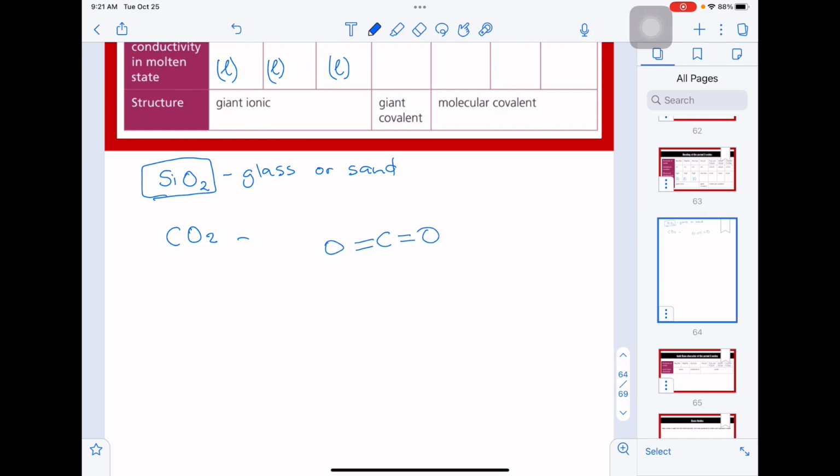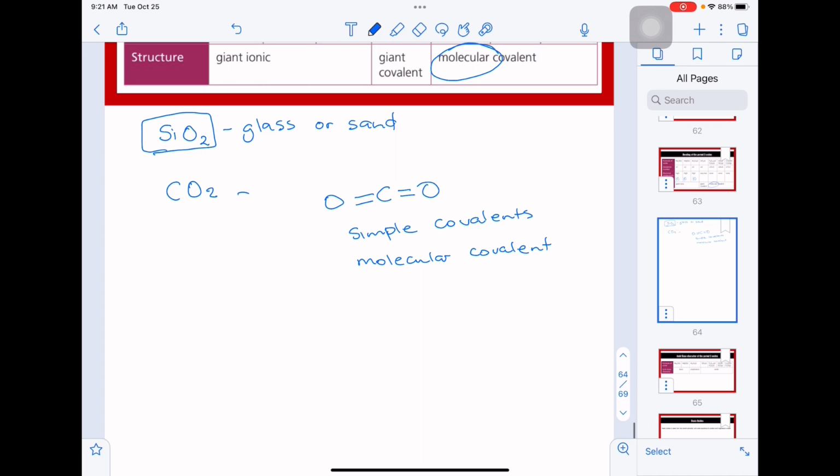This is carbon dioxide. Simple. This one is called simple covalent because it's simple. We see where it starts and we see where it ends. Another word for simple covalent is called molecular covalent, which is a term that we just saw up here. So carbon dioxide, simple covalent.